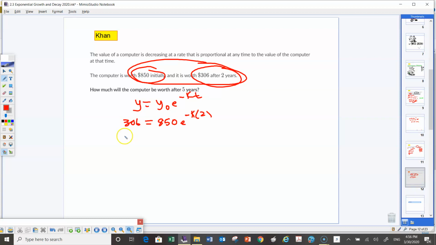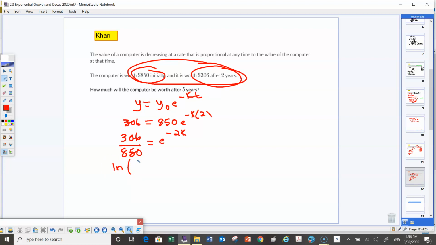So I'm going to have 306 divided by 850 is going to equal e to the negative 2k. And if I take the logarithm of both sides, I get ln of 306 over 850, and I could probably reduce that.